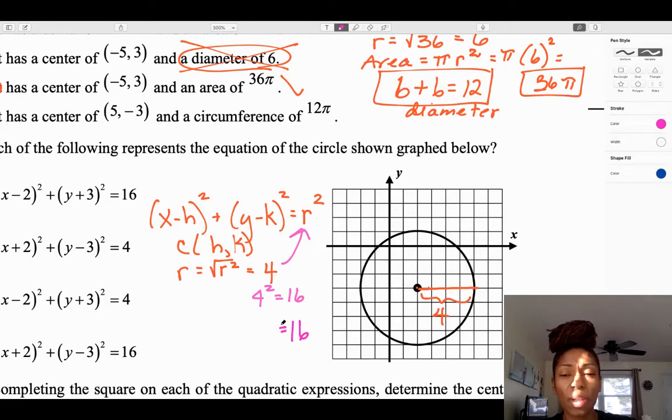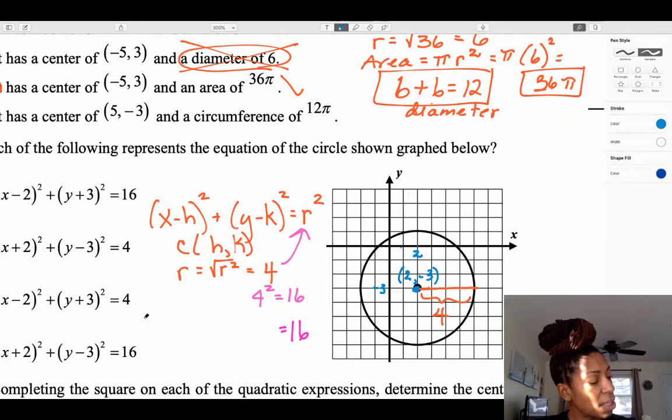And now, what are the coordinates of the center? Well, the x value is positive 2, and the y value is negative 3. So the center is (2, -3).